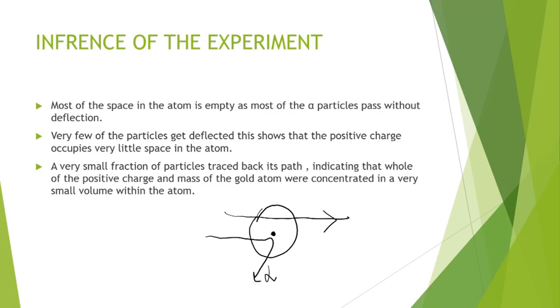Hence, because of repulsion, a very few number of alpha particles got deflected from their path. And only a very small fraction, one out of every 12,000 particles, rebounds, which means the whole mass and charge of the atom is concentrated here at the center of the atom, right?